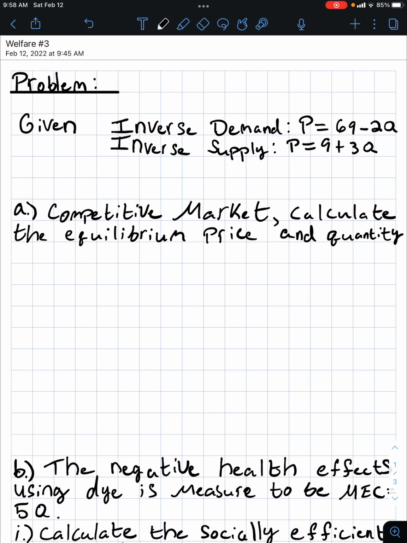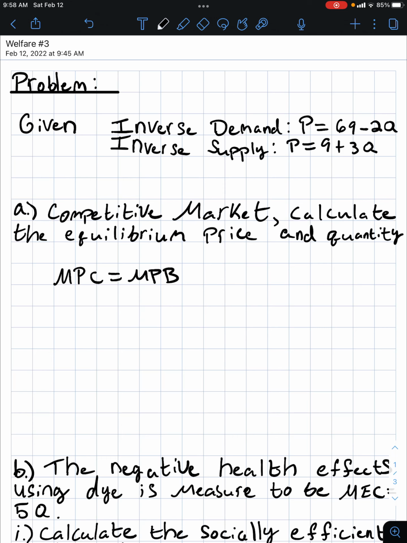So part A, competitive market, calculate the equilibrium price and quantity. In a competitive market, to find the equilibrium price and quantity, we need to set our marginal private cost equal to our marginal private benefit.